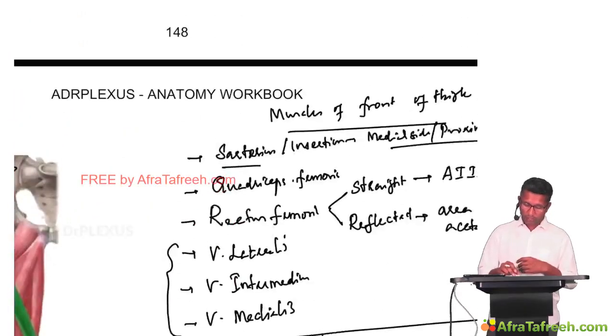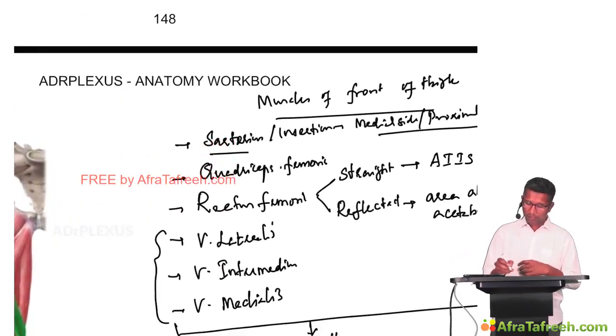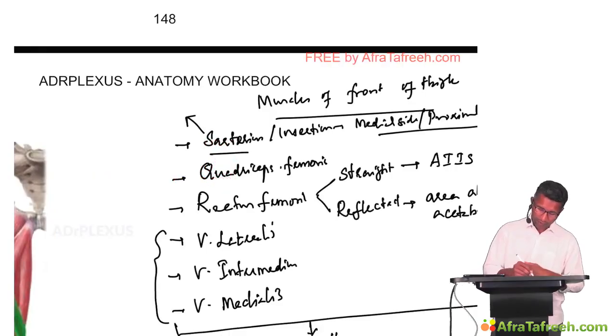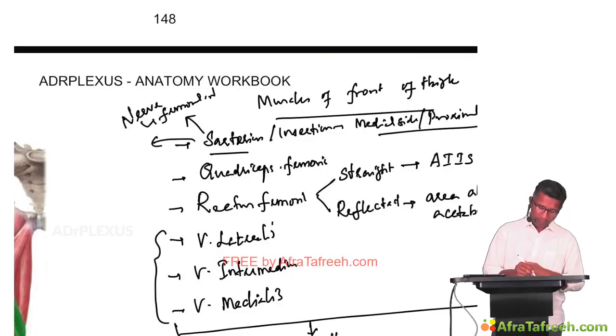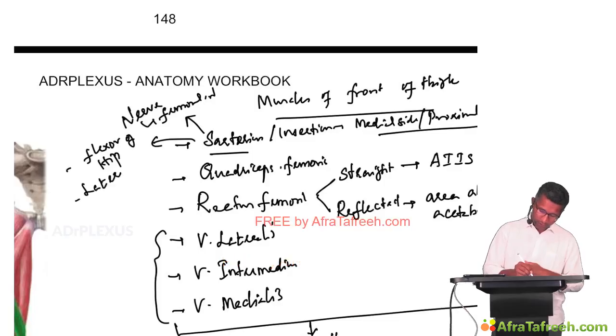Okay, so when you talk about the sartorius muscle, the nerve supply for the sartorius is the femoral nerve, guys. The action of the sartorius is that it acts as a flexor of the hip joint and as a lateral rotator of the hip joint.